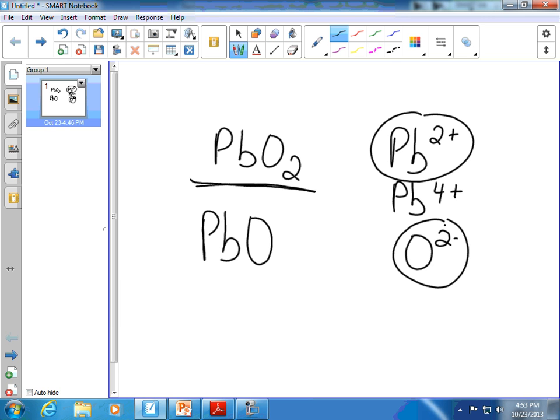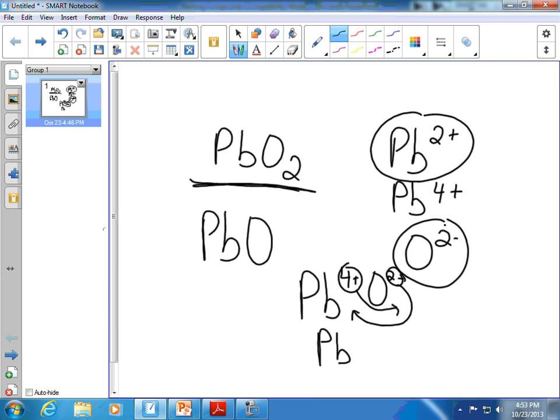We're given PbO2. So what we would originally start with is Pb, which is 4+, and O, which is 2-, and we drop these charges down, the 4 here and the 2 here, cross-dropping those charges, and we'd end up with Pb2O4.